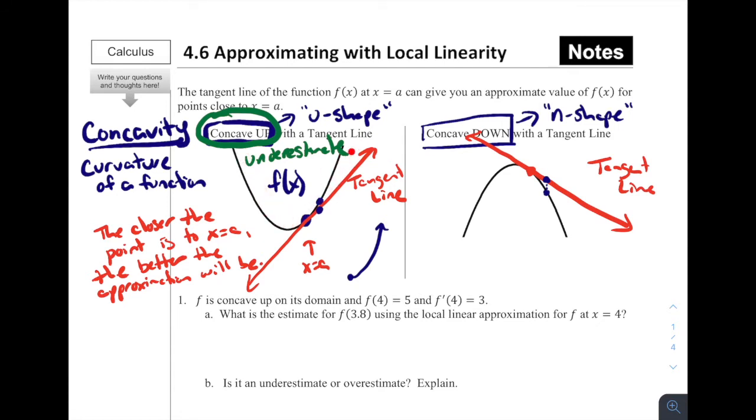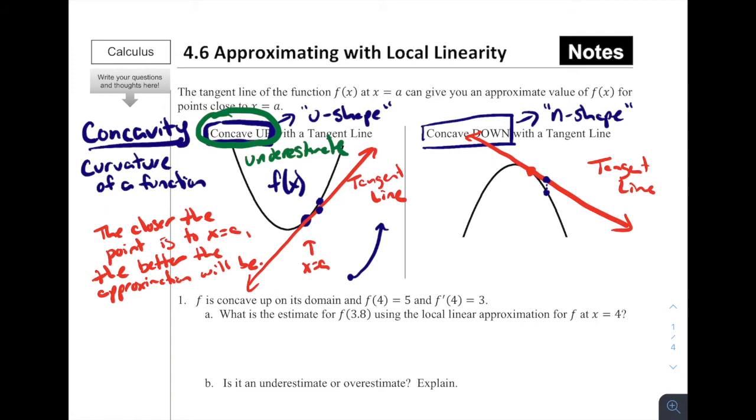Because it's curving upwards, when I draw that tangent line, the tangent line is going to naturally be below it, which means that the approximate values that I get are all going to be underestimates for the real function.